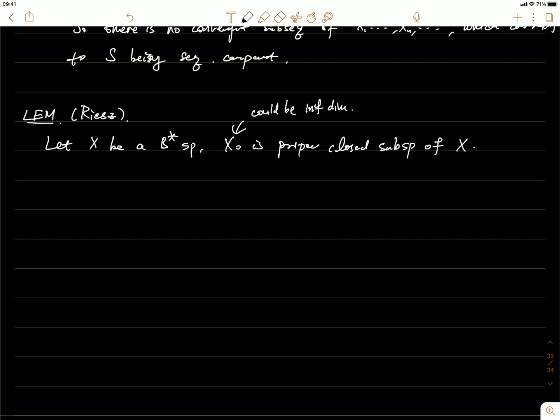So more specifically, what I can claim is for any epsilon between 0 and 1, there exists some y in the space X such that the norm of y equals 1, and the distance between y and x is bigger than or equal to 1 minus epsilon for any x in the subspace.